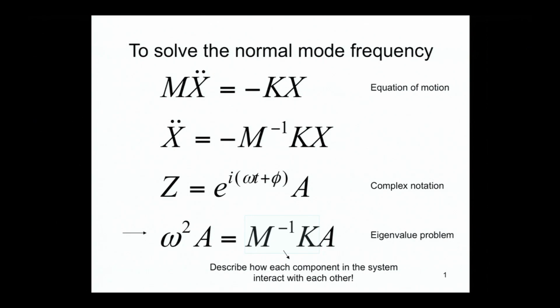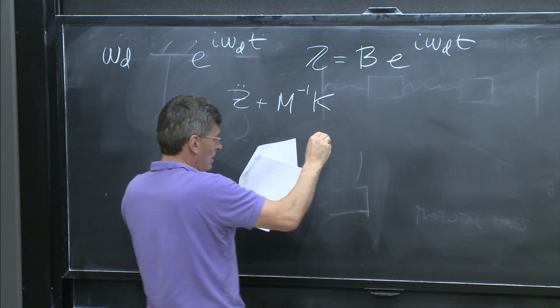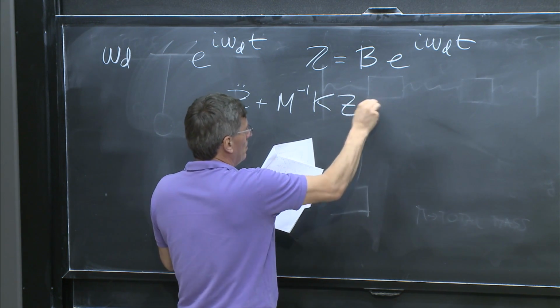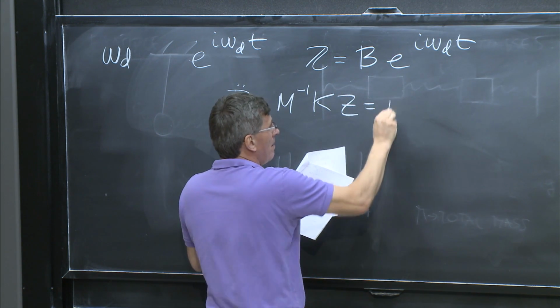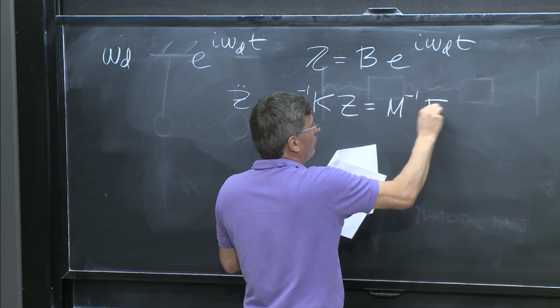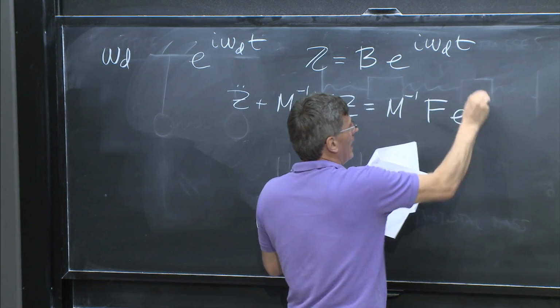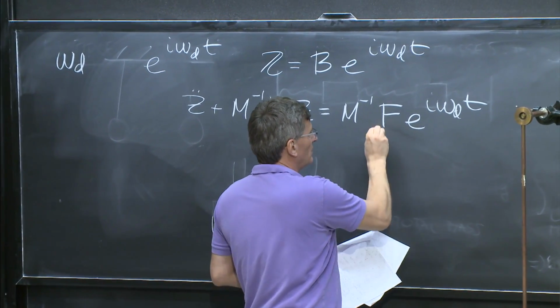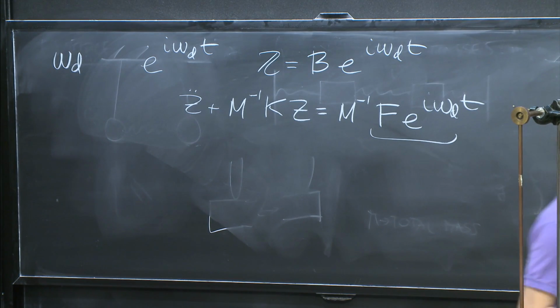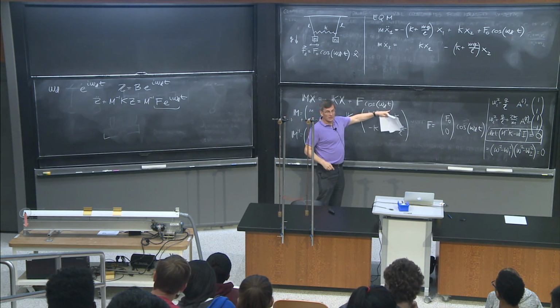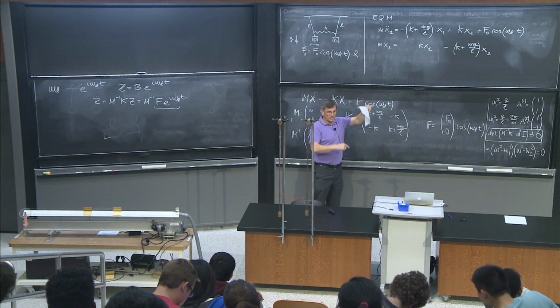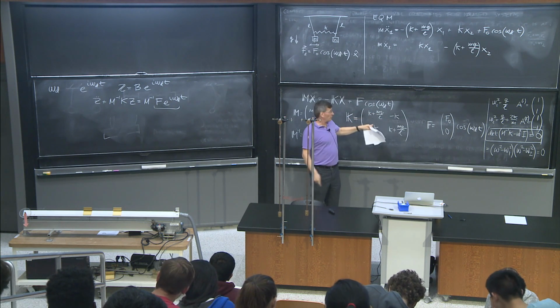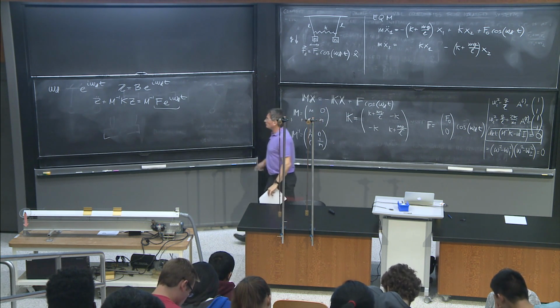The equation of motion is z double dot plus M inverse K times z is equal to M inverse force e to the i omega d t. You see, our external force is F cosine omega d t with the vector (1, 0), but of course, in complex notation, this is an exponent.